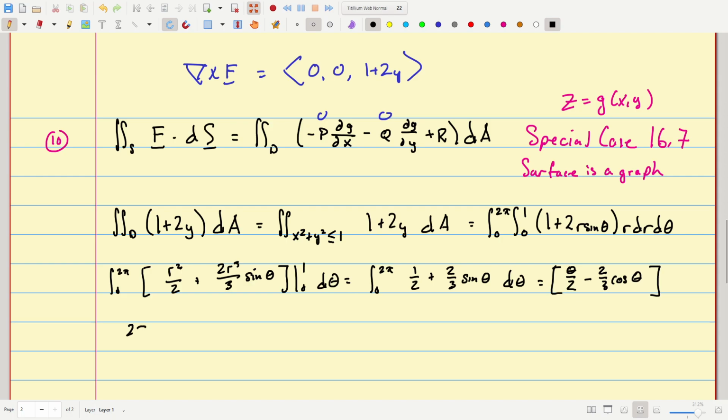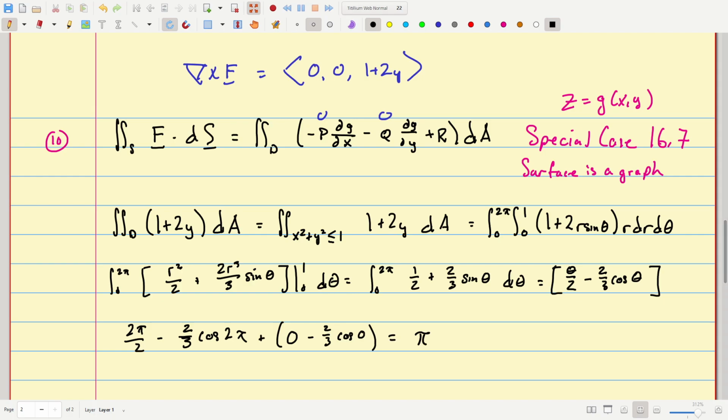So we're going to get 2 pi over 2 minus 2/3 cosine 2 theta plus 0, and minus 2/3 cosine of 0.